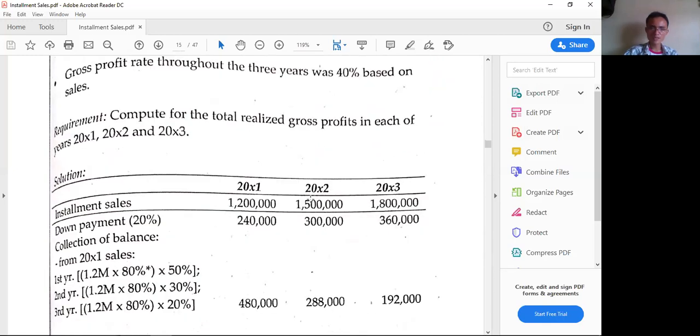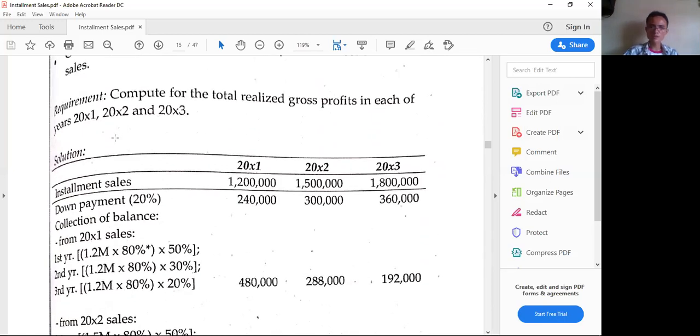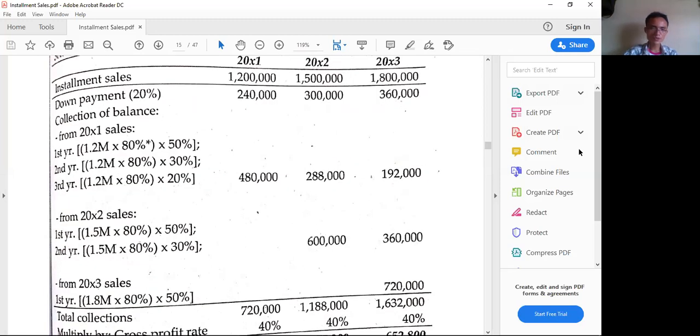So they will be affected because what is asked in the problem is the total realized gross profits in each of the years. So just remember though that the 20x1 will have impact in 20x2 and 20x3. 20x2 will have impact in 20x3. All right. And since we ended at 20x3, so 20x3 will only have impact in that year. Okay.